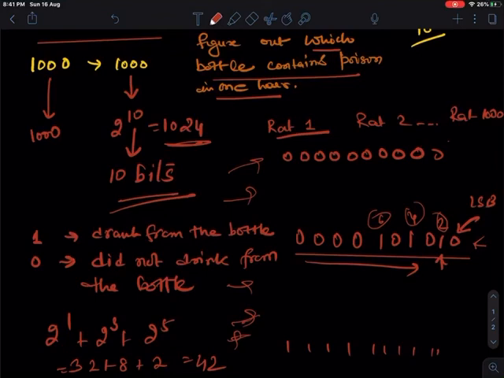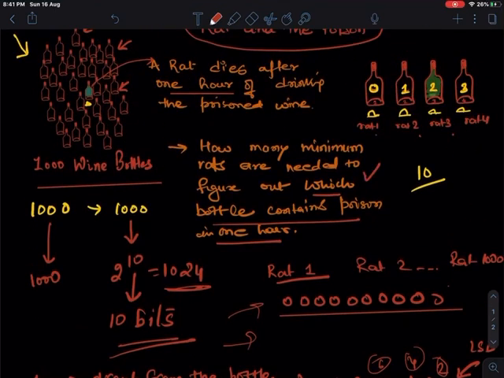So that's how you come to this conclusion that wine number 42 contains the poison, and you needed only 10 different rats to find out which bottle contained poison. So that's how we get to the answer 10. Okay, thank you very much.